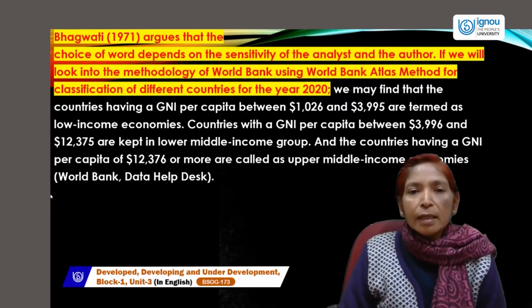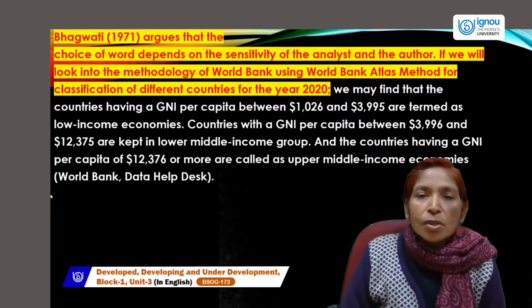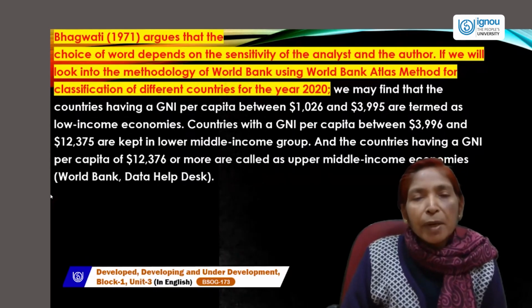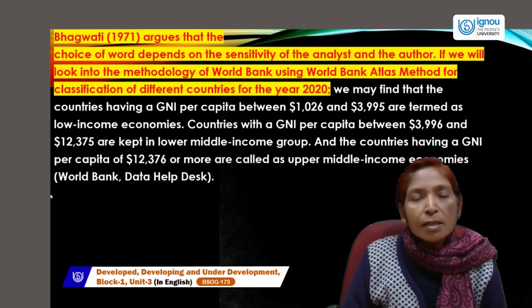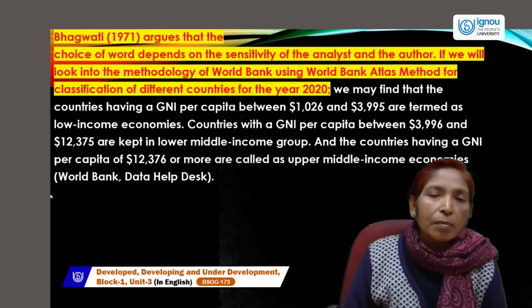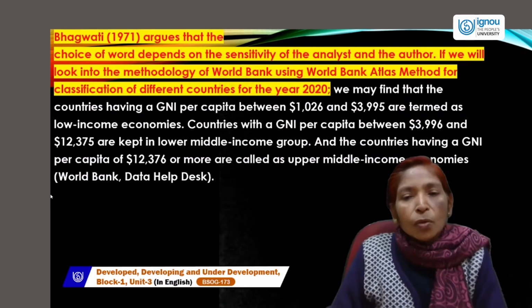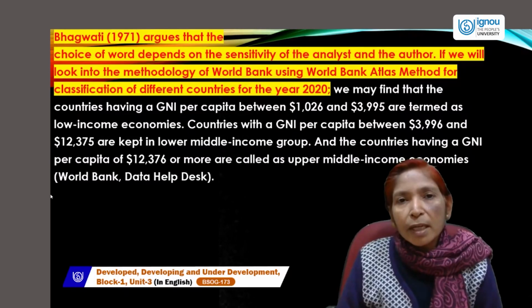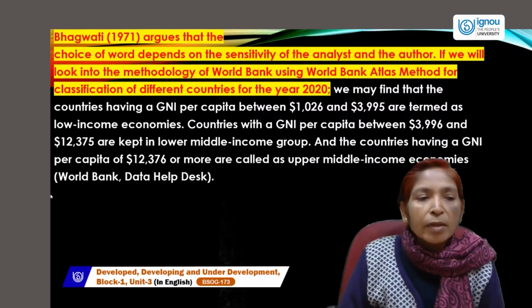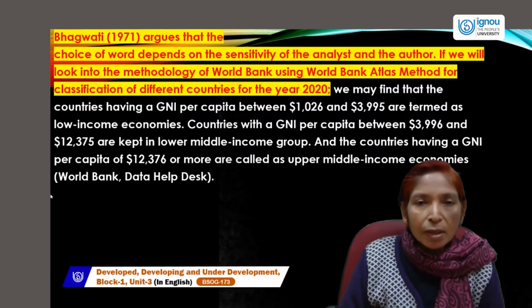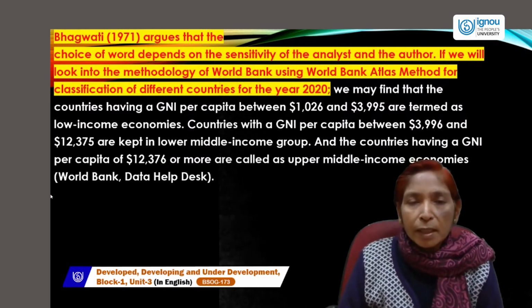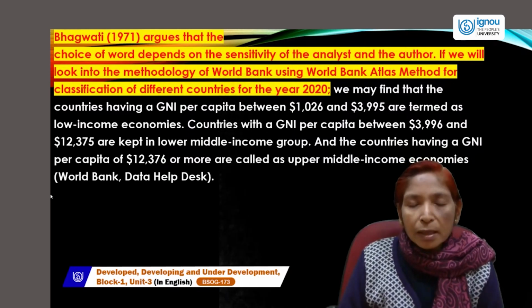The World Bank clearly states that those countries which have less per capita GNI are called less developed countries or low income countries, and whose per capita GNI lies between 3,996 and 12,375, these are called lower middle income group countries or developing countries.